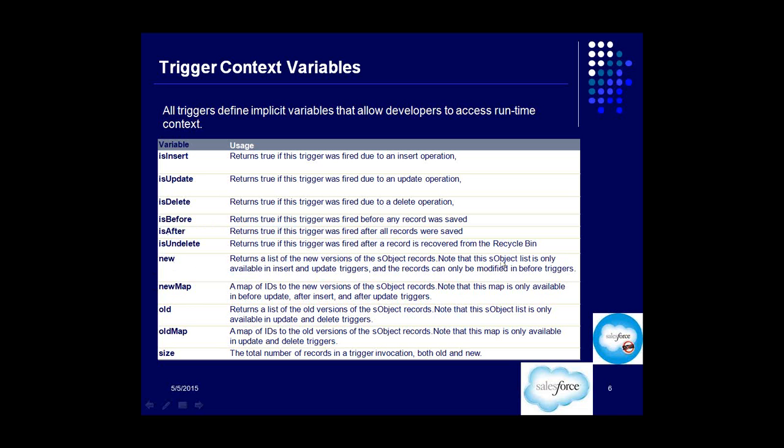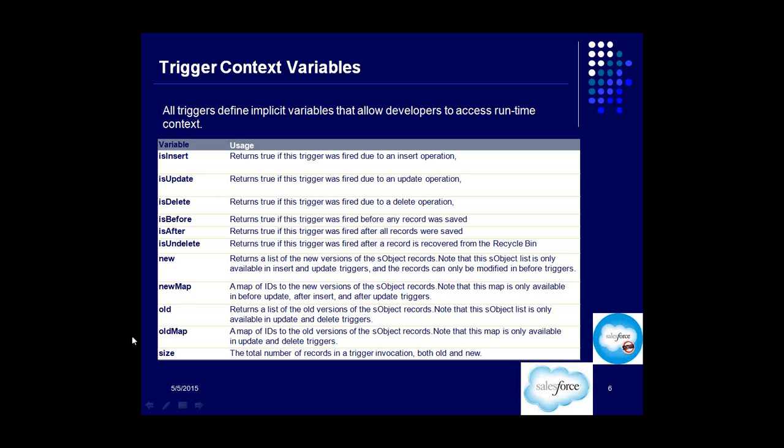Note that this SObject list is only available in insert and update triggers. Then Trigger.newMap is a map of IDs to the new versions of the SObject records. So this returns a map of IDs and the records.